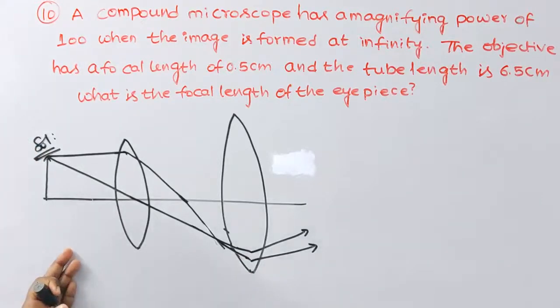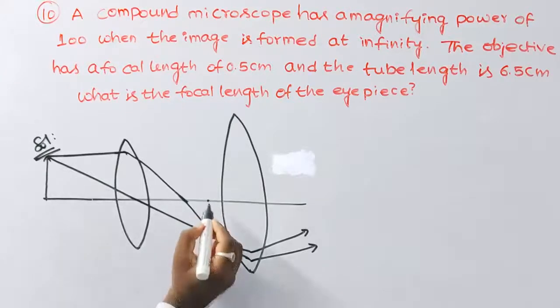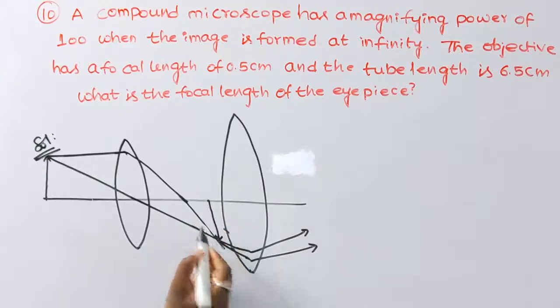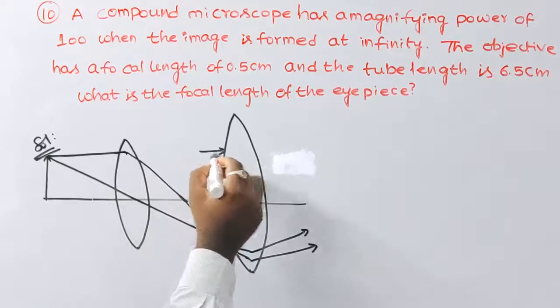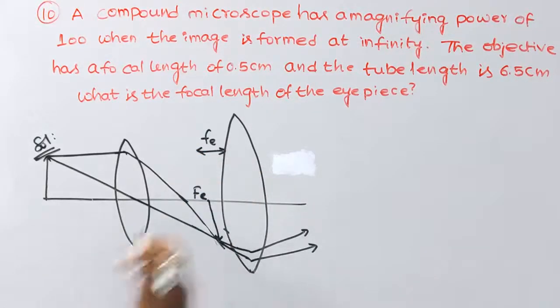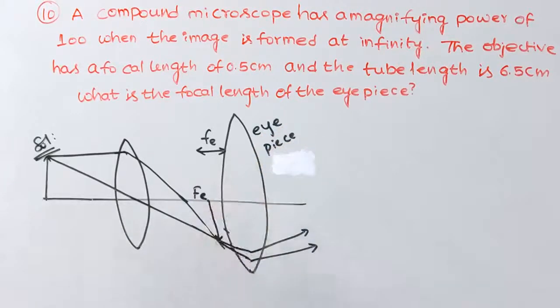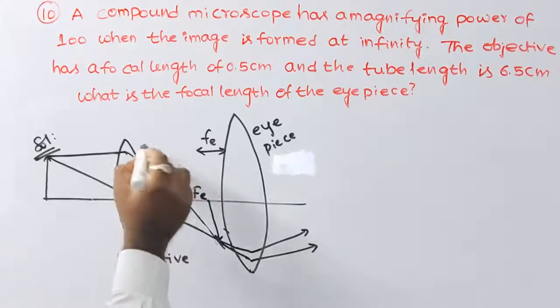Okay, in this figure, students, this is the image, and FE is the focal length of the eyepiece. This is the eyepiece, students, and this one is the objective. This is V naught.